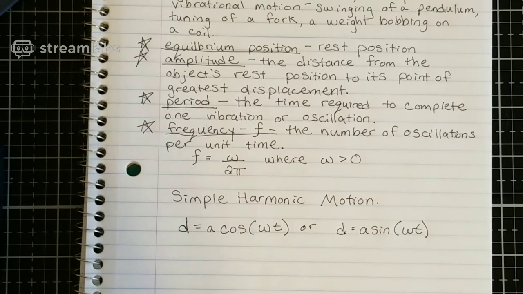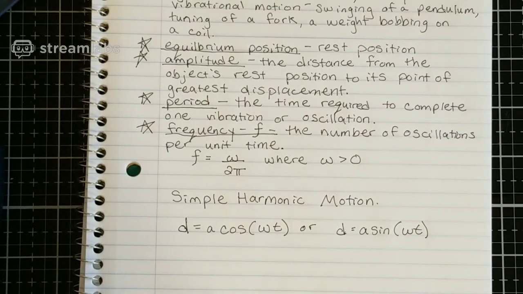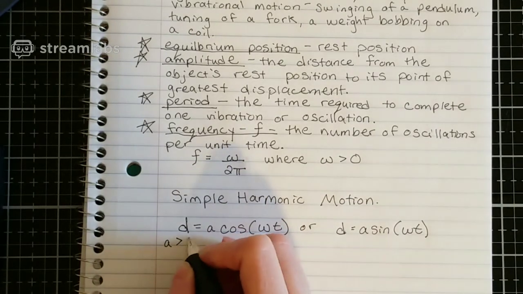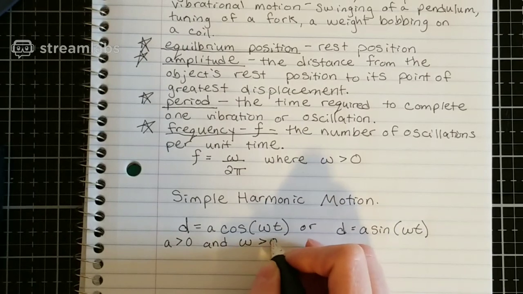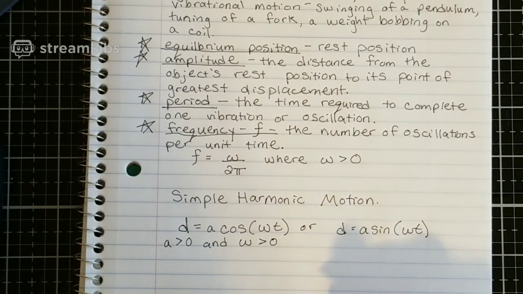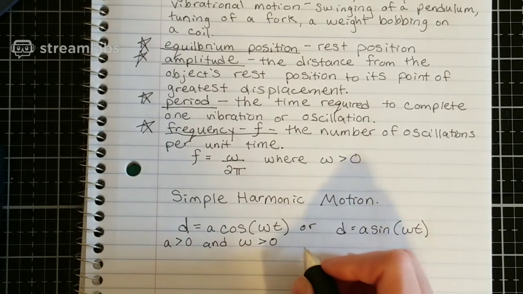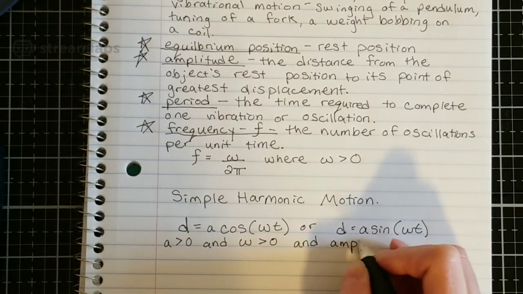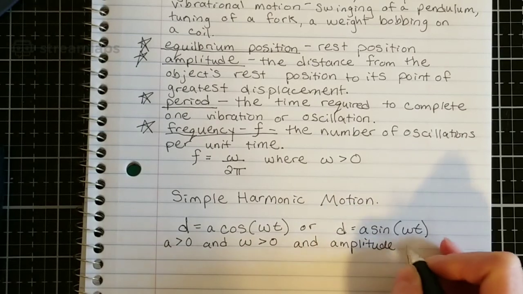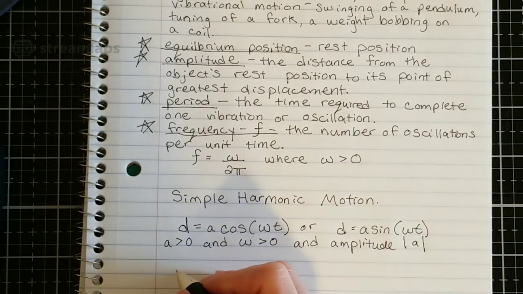A has to be greater than 0 and W has to be greater than 0. And the amplitude is the absolute value of A. And the period is still 2 pi over W.